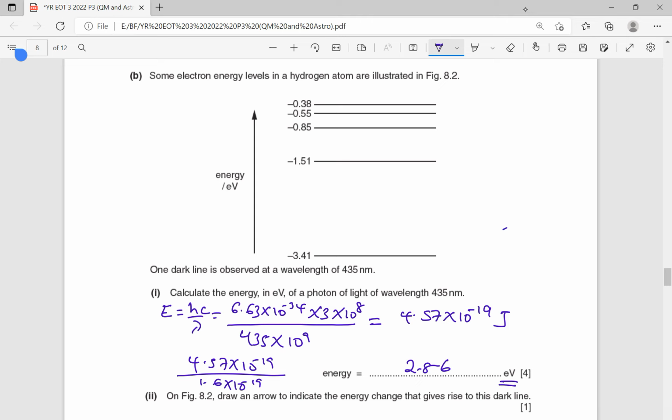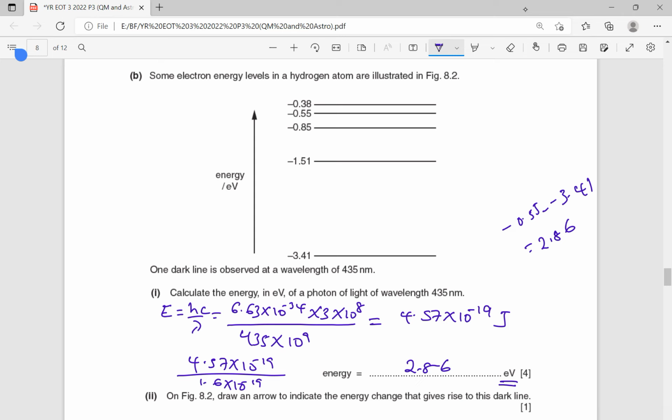Negative 0.55 minus negative 3.41 gives you 2.86.